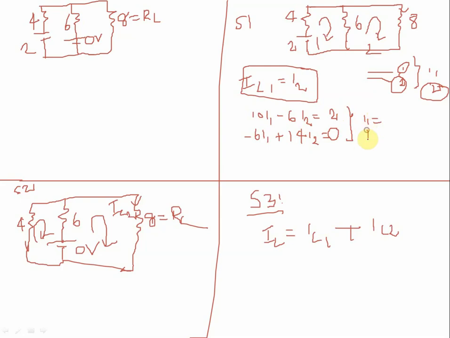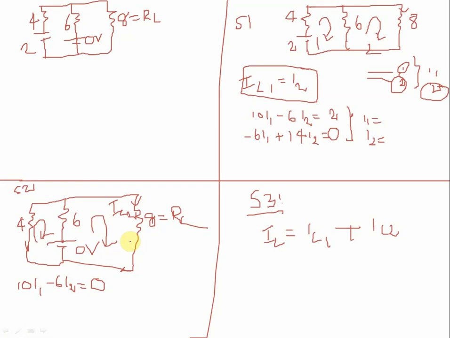Step 1, what is I1? Step 2, what are I1 and I2, you can give me. Similarly, in that one you will write 10 I1 minus 6 I2, it is equal to 0.